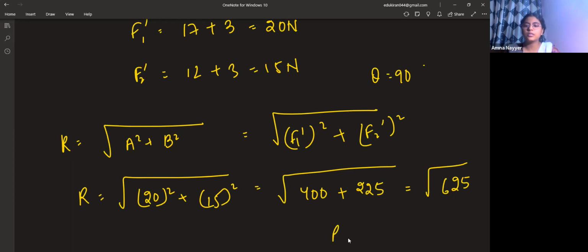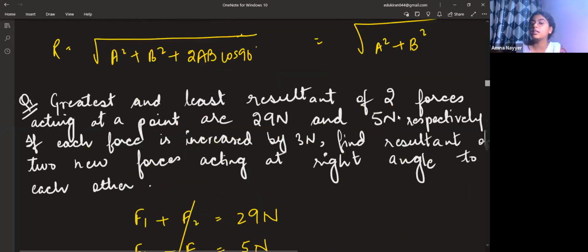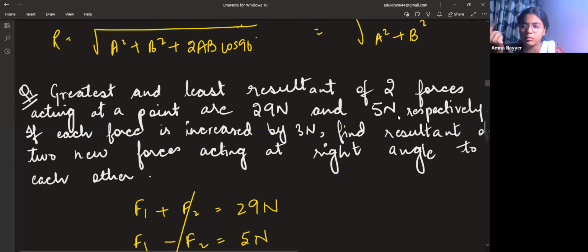So under root 625 is 25 Newton, right? So this is the magnitude. Still, I have not completed my answer because the question is not saying find the magnitude. If the question had asked me to find the magnitude, then this would have been my answer, that my answer is 25 Newtons. It is saying find resultant.